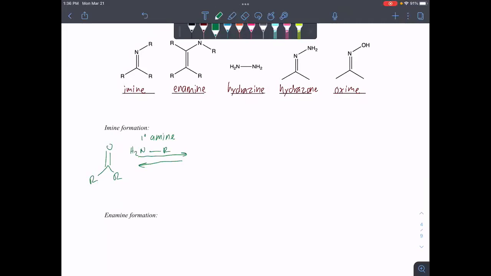These are really simple because basically all you do is chop off the H2 and the oxygen of the carbonyl and then cut and paste this NR group onto it. So we literally just glued it from the amine onto the carbonyl. And then you get an imine.